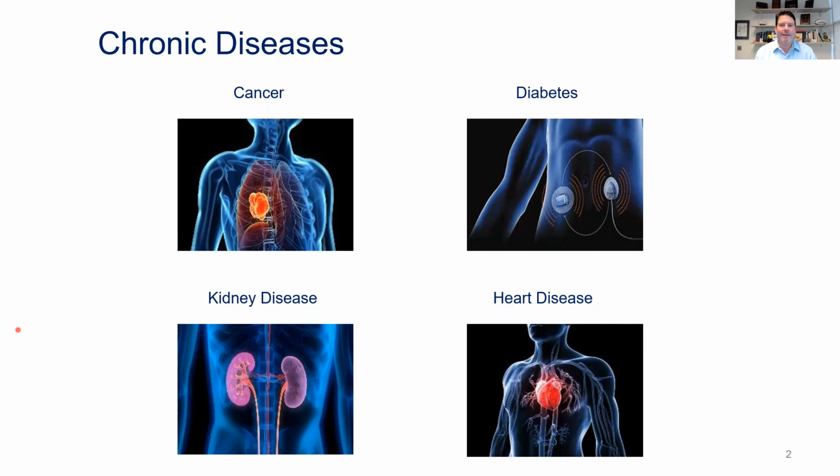I'm interested in studying problems related to chronic diseases because these are diseases that unfold over time, and often people live with them for decades. There are an enormous number of health interventions to try to prevent diseases, and there are new treatments and new devices coming online all the time.